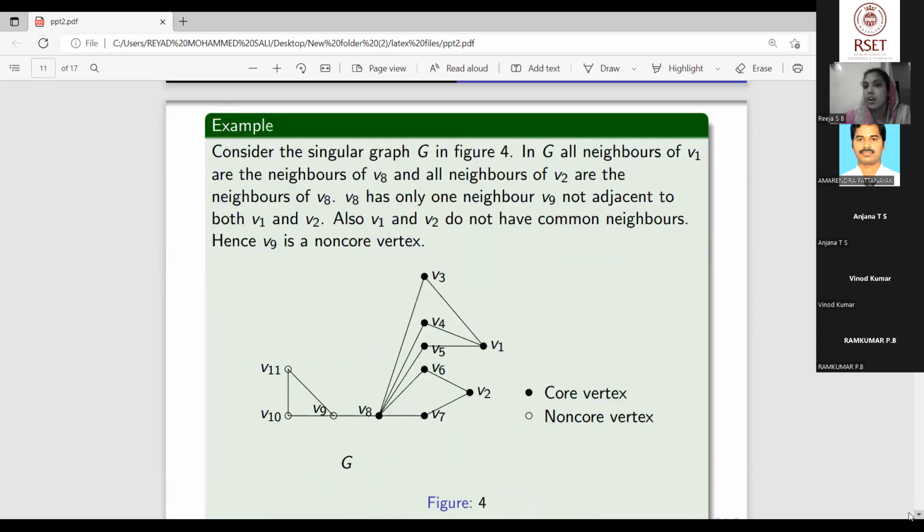In G, all neighbors of V1 are the neighbors of V8, and all neighbors of V2 are the neighbors of V8, and V8 has only one neighbor, V9, not adjacent to both V1 and V2. And also, V1 and V2 do not have common neighbors. Hence, V9 is a non-core vertex.